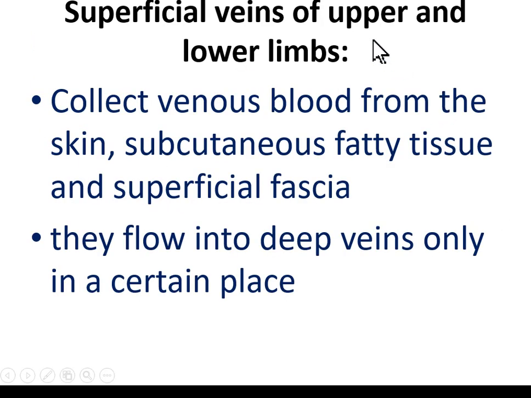Superficial veins of the upper and lower limbs collect venous, or deoxygenated, blood from the skin, subcutaneous fatty tissue, and superficial fascia.